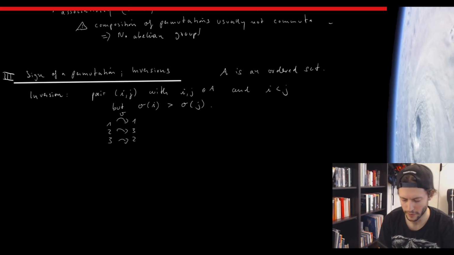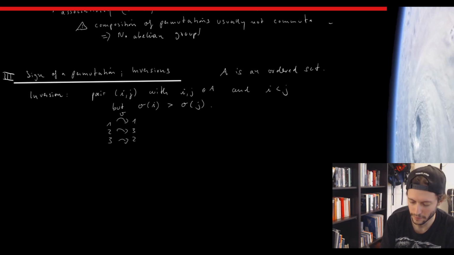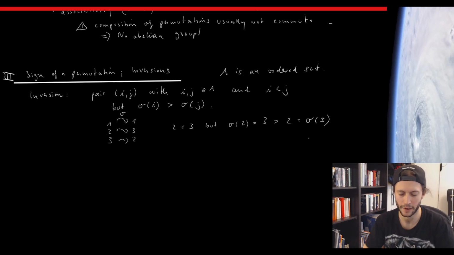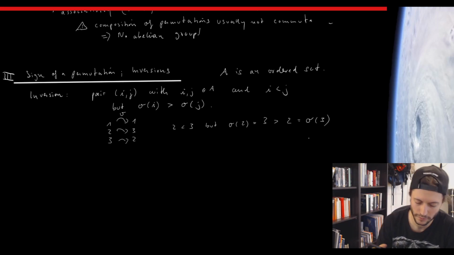We map 1 to the 1, 2 to the 3, 3 to the 2. Then 2 smaller 3, but sigma of 2 equals 3 greater 2, which is sigma of 3. So that pair of values i and j in the pre-image space is the inversion. Good, just so that we know.